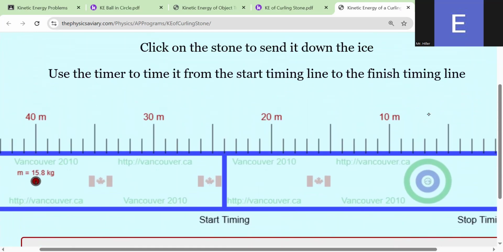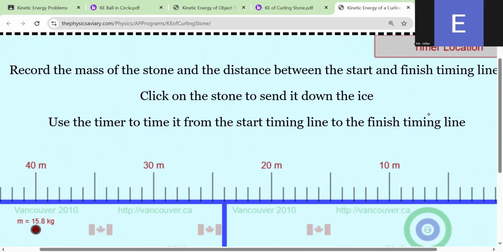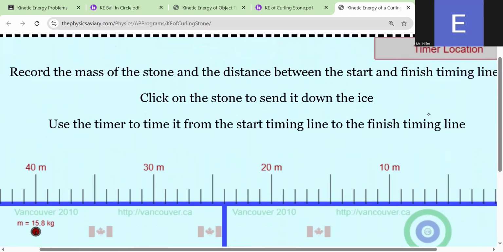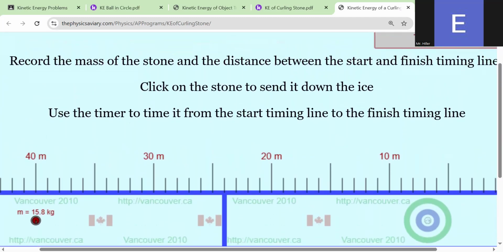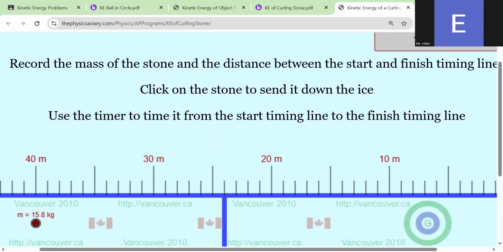What I'm going to do is tap on the curling stone like I did before, but as soon as the curling stone reaches that first blue line, now mine's at 24, look at where yours is, once it reaches there, you're going to click the start timer where it says timer location.